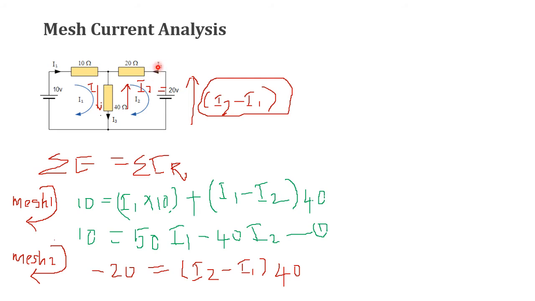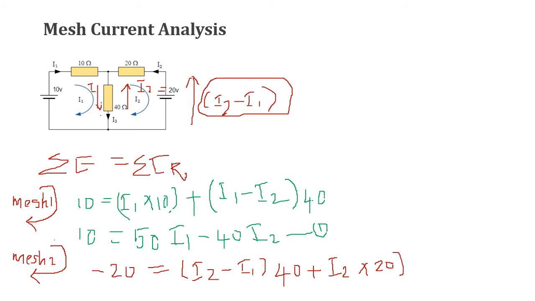As I said already, we are not minding the drawn current path directions. We are only focusing on the mesh current path and the magnitude. At this resistor the current flowing through it is I2, and the direction is the same as our mesh direction, therefore we put plus I2 into 20 ohm.